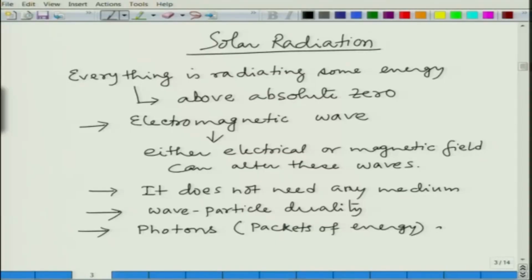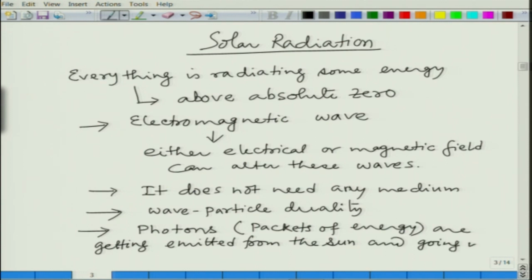So, photons are getting emitted from the sun and going in all the directions.